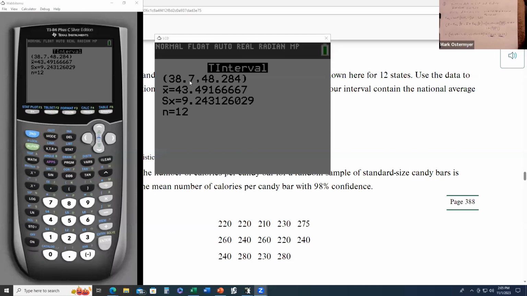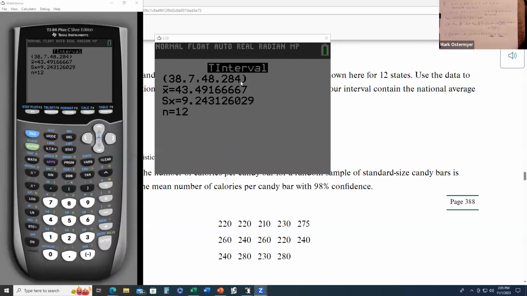It's essentially the same thing, rounded off to the tenths place. The upper endpoint is 48.29 manually, 48.284 using the T interval function, which is very close to 48.29. So you can see there are just some subtle discrepancies with the round off. And like I said, just let me know if Alex squawks about such a thing.